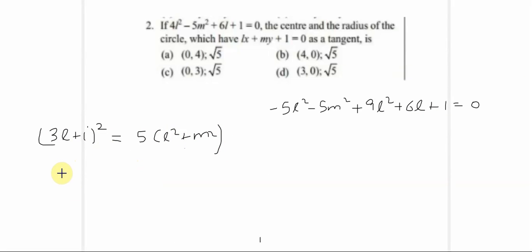Again, you're seeing the pattern here. Now just take square root and rearrange terms. What you have here is 3l plus 1 mod by root m square plus l square equal to root 5. Again, the tangent is the same for all these cases. So again, comparing the coefficients, the coefficient of l is 3.